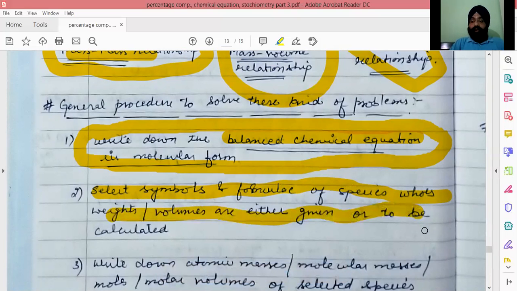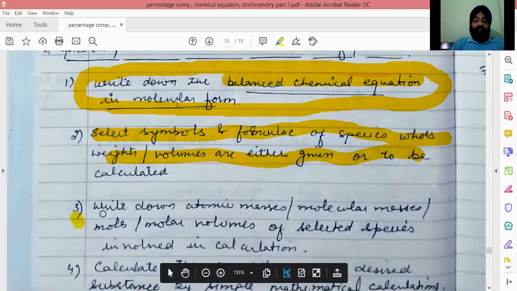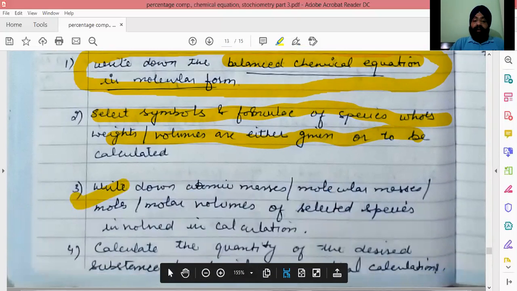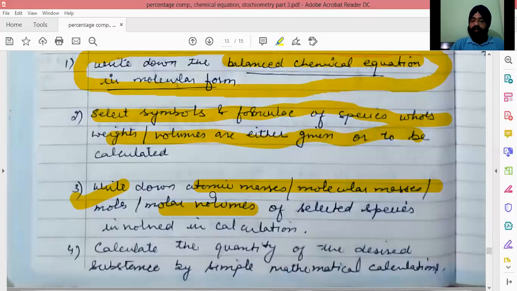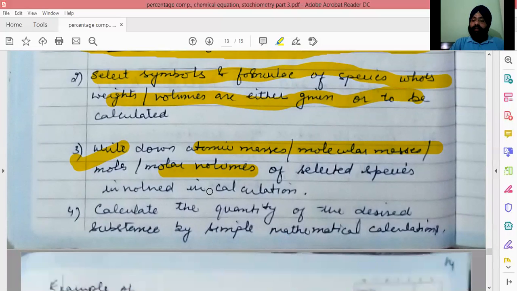Next is write down atomic masses, molecular masses, moles, or molar volumes, whatever is the given quantity in the question, for the selected species.